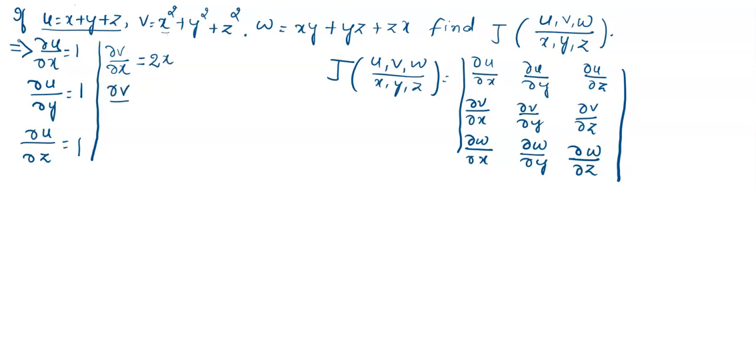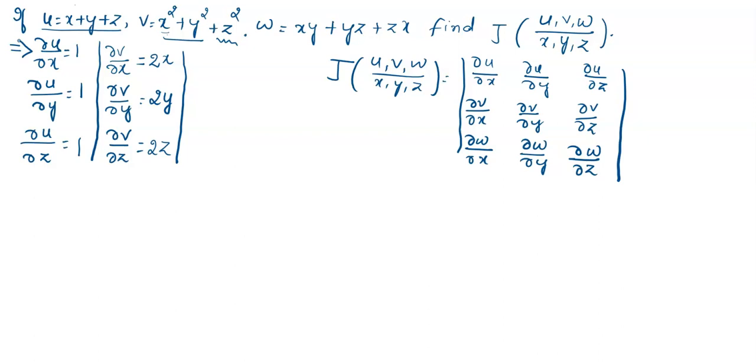And let me find out dou v by dou y. We are differentiating partially with respect to y, so we have to treat x and z as constant. It is 2y. And to find dou v by dou z, we have to treat x and y as constant. The differentiation of z square is 2z.